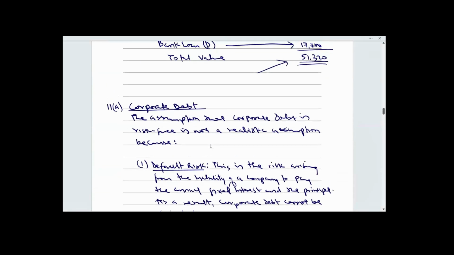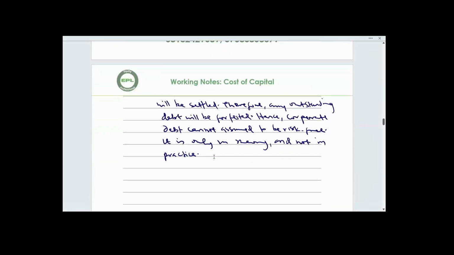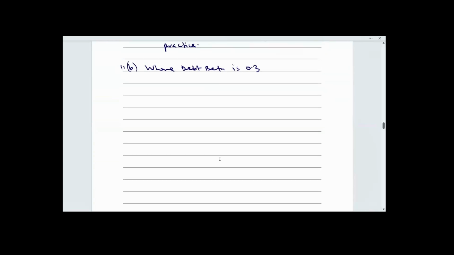That will be number 2B, where debt beta is given as 0.3.